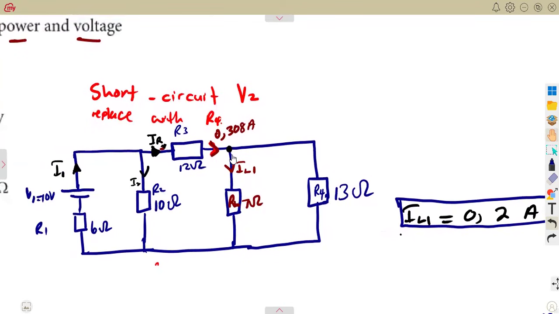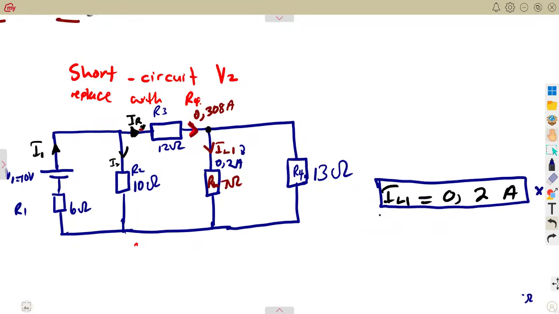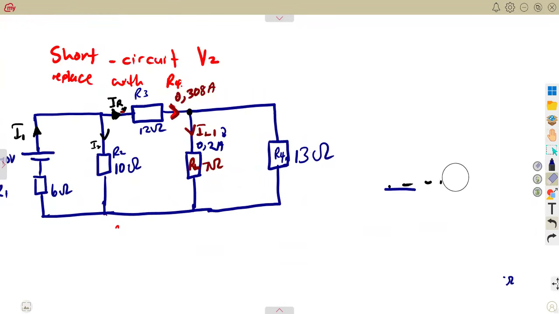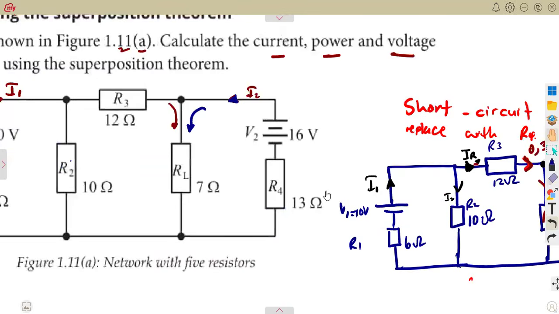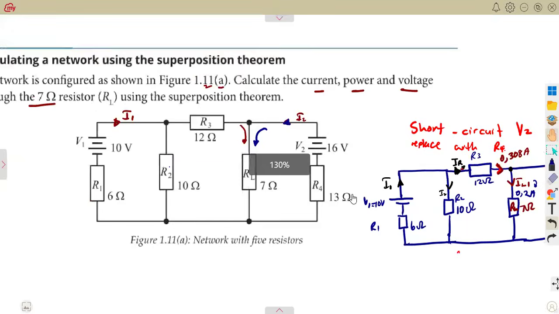Remember, on this diagram, we calculated this with our V2 being short-circuited. So this is what we got here, which is 0.2 amps. That is IL1. So let's have the same thing, but now with the other voltage as a short circuit, which is V1.